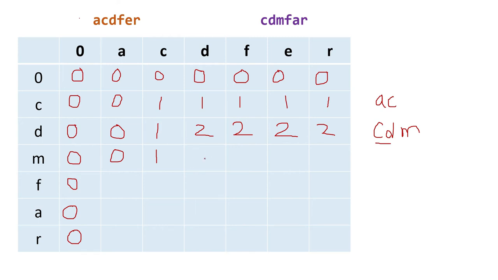See, when we are in this cell, which means we are going to calculate this cell, that time it will become a comparison between ACD and CDM, right? What we can check is D and M are not equal. That means D and M will not increase my sequence further.